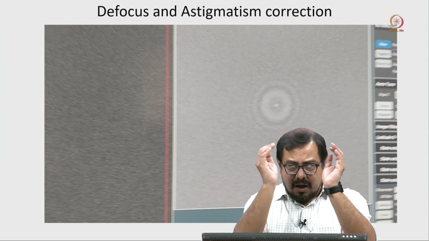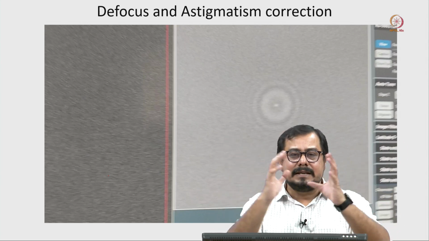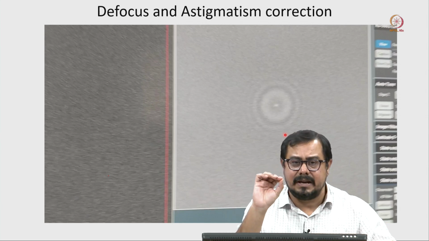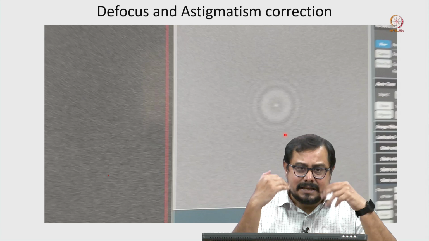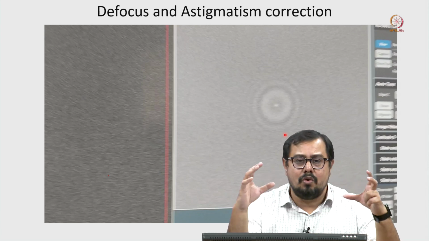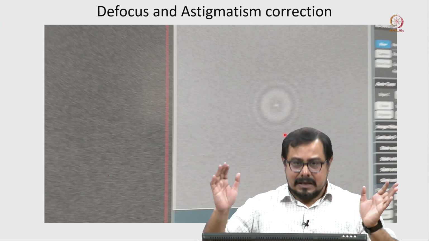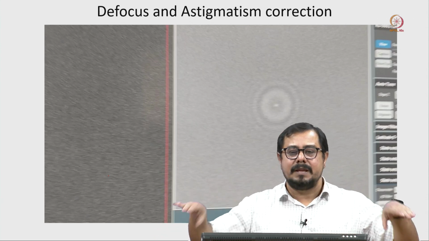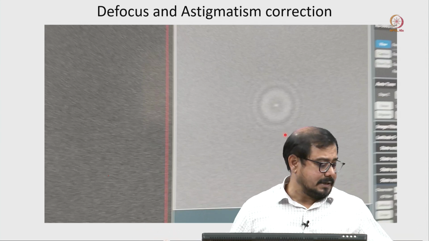Most of the signal will come near the center, and then it can be difficult to see the astigmatism if your eye is not well trained. That is the reason one suggestion is that you go to low defocus where you can see the elliptical beam. If you can see it, the multifunction x and y will be there near the control panel. You have to use the multifunction x and y very gently to correct the astigmatism.